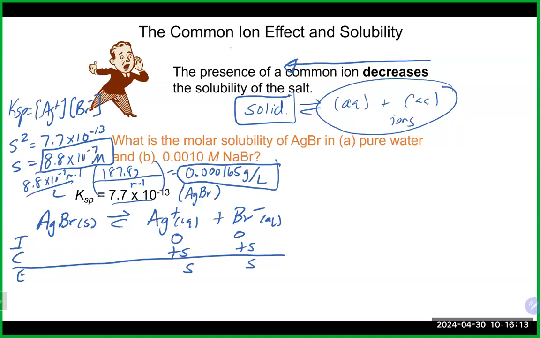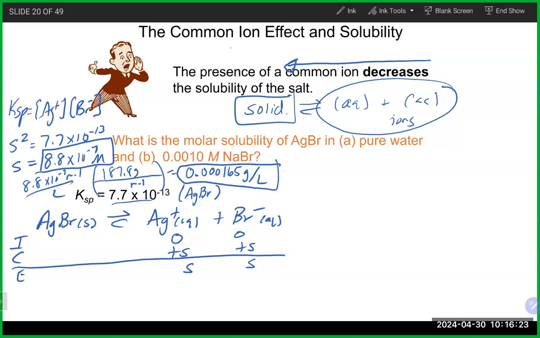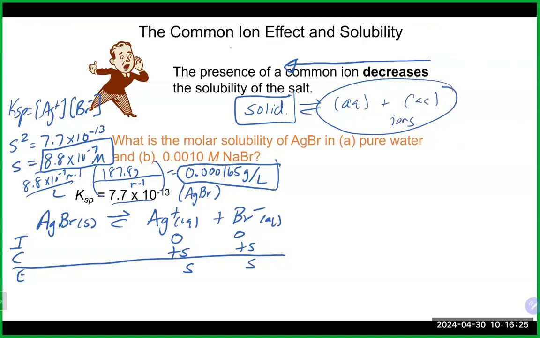Now, let's talk about what happens if we don't have silver bromide in pure water, but we also add some sodium bromide to it. So in part B here, we're going to add some sodium bromide, and we're still going to get the silver bromide as the only thing that sets up our equilibrium.